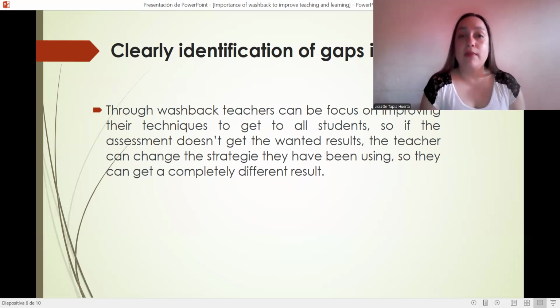As we know by law, if 50% of the students don't reach the goal, we have to change all our strategies and techniques to teach the topic again. So if we identify the gaps in learning, we are going to easily prepare our class in a different way to avoid these gaps and have better results with our students.